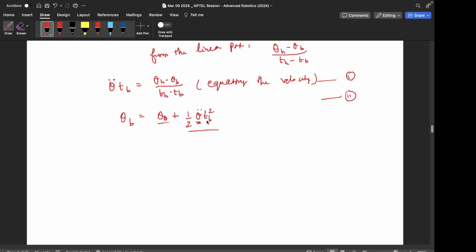What we will do, we will put the value of theta b here. So put 2 in 1, so theta double dot tb into th minus tb equals theta h minus theta b, and theta b is theta 0 plus half theta double dot tb square, right?